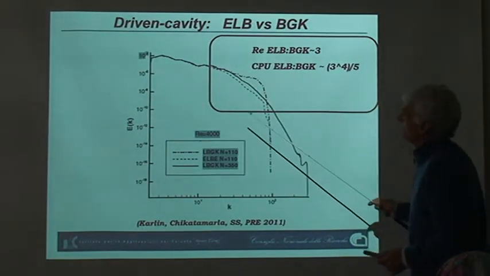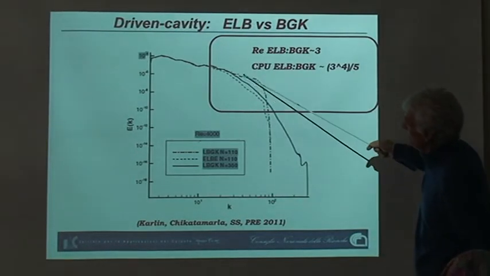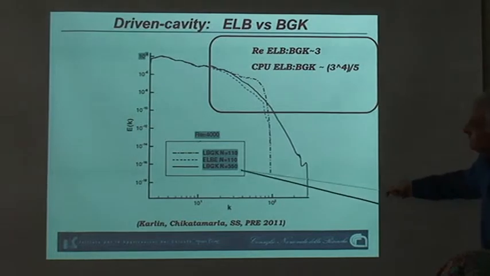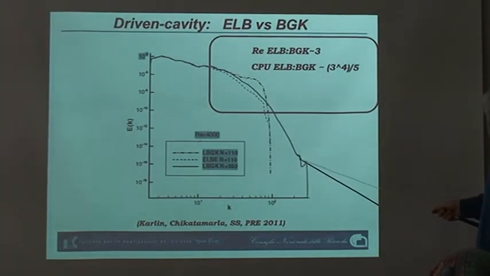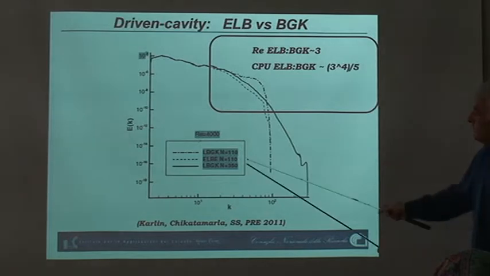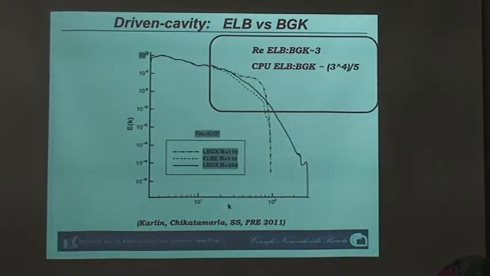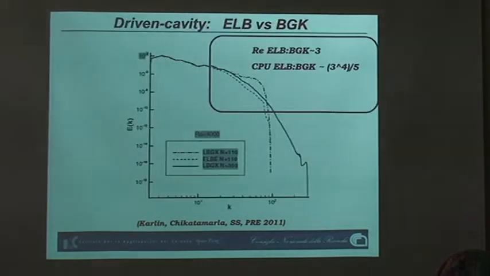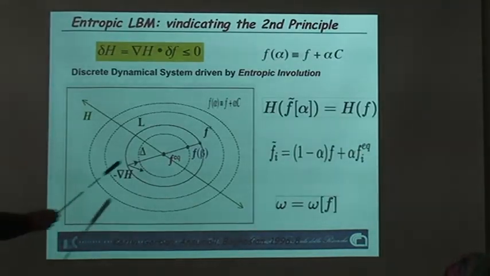So that's the beauty. And essentially, this is LBGK with 3 times as many grid points, and we will still stabilize, but a factor of 3 is a lot. It's 3 to the power 4 for people. So even though the entropic will cost you more, because at each time step, for each grid point, you have to find f star.